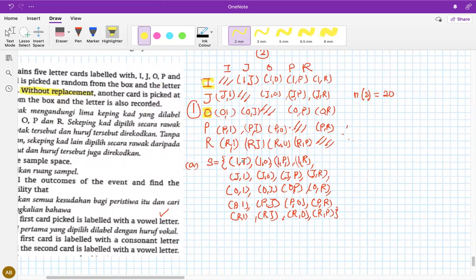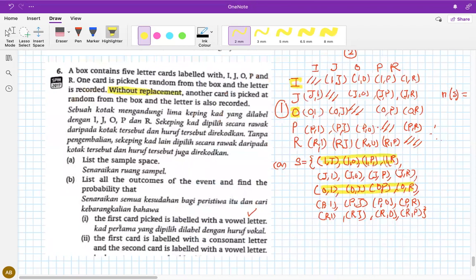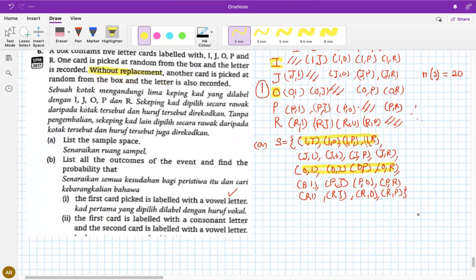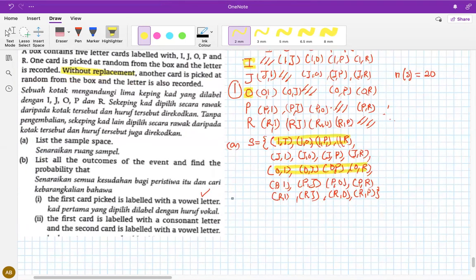That means B1 will be everything here, and then O. Okay, right? Because here it said first card, we are looking at the first card only. First card is a vowel, then the second card we don't care. That means IJ, IO, IP, IR. The first alphabet must be I, so we tag.